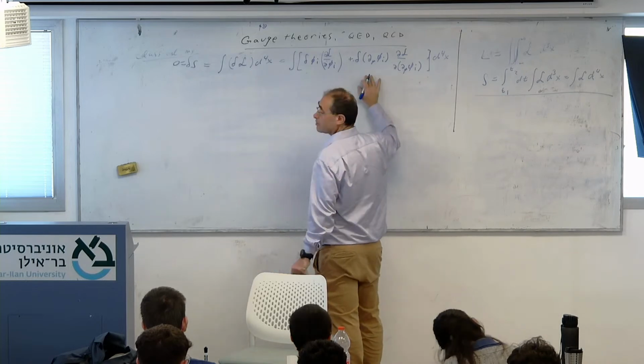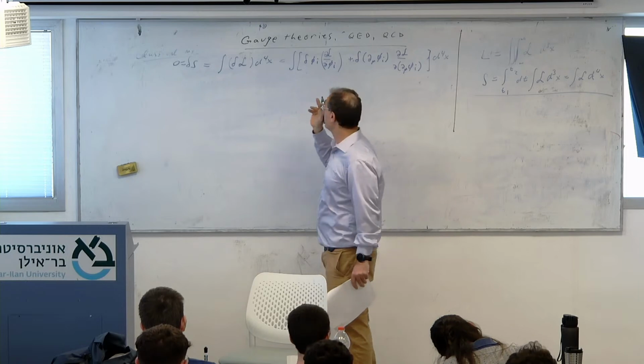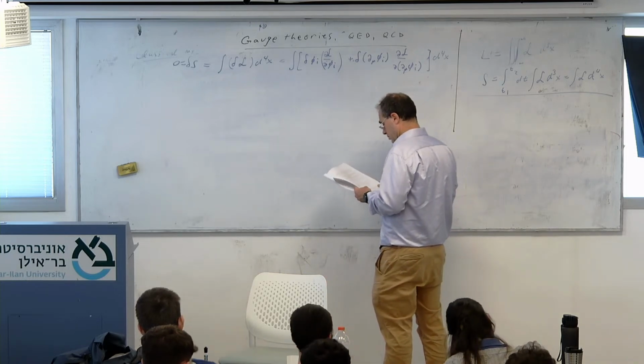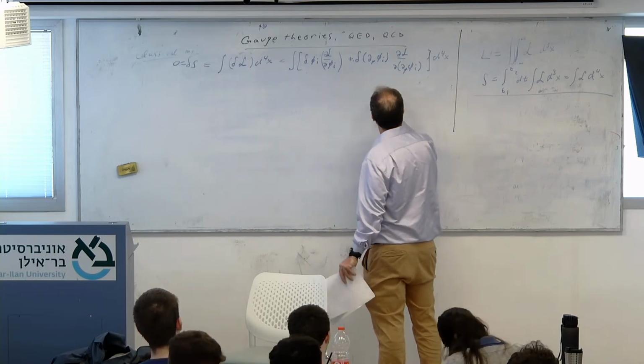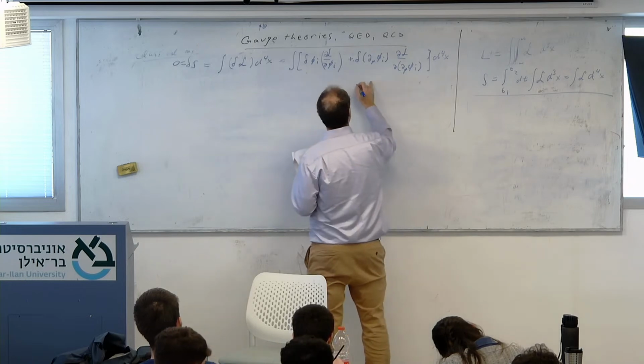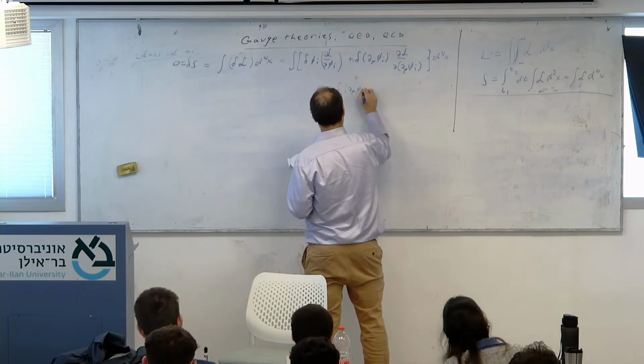Now again, we do what we just did with the classical Lagrangian. We replace the order of differentiation, and in the second term we have delta d_mu phi_i.